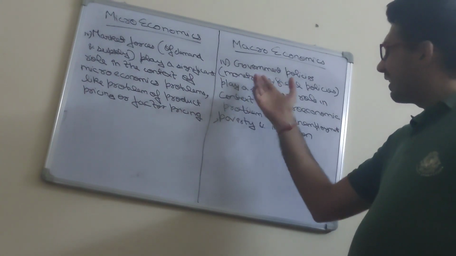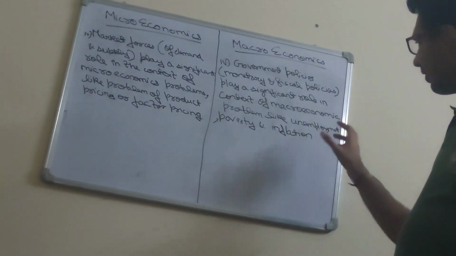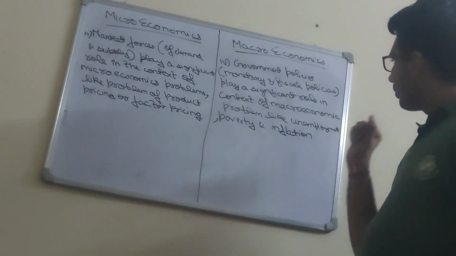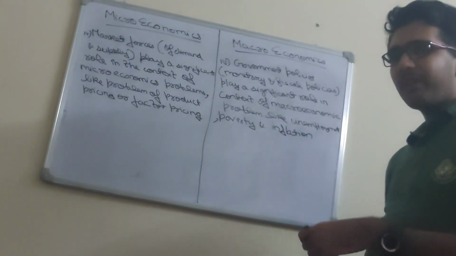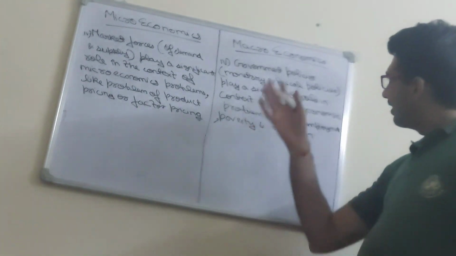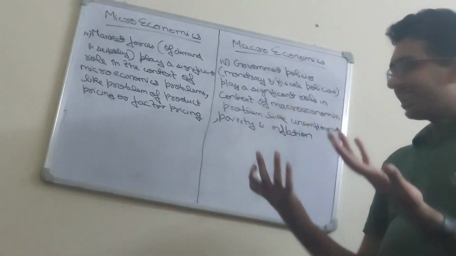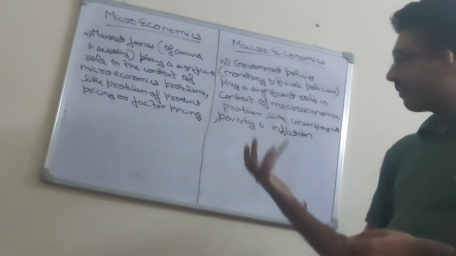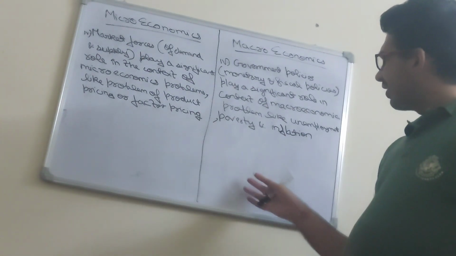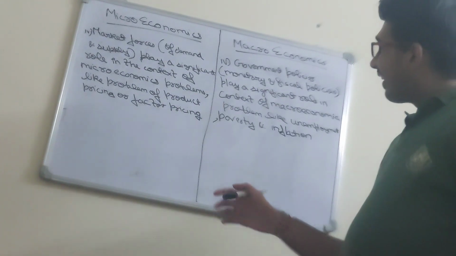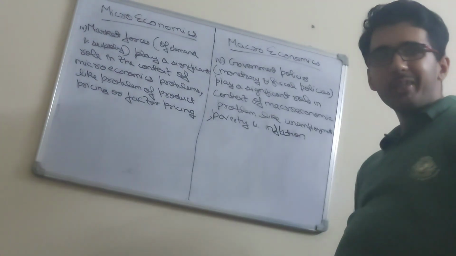Think of these as the normal policies of RBI, monetary policy, and fiscal policies of the government. To control unemployment and poverty, there are many policies made by the government to give poor people jobs so that they can get employment and earn money. And that's all.